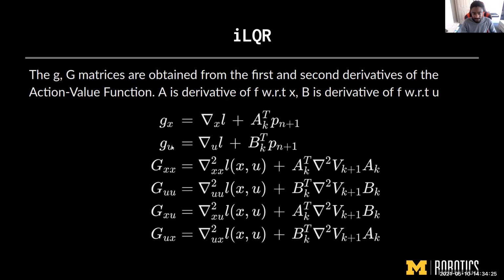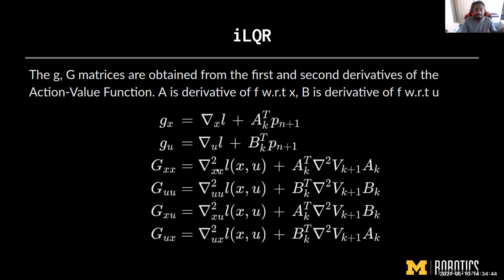And then small g sub u is the first derivative of the action value function with respect to u. And big G of xx is the second derivative. So it's basically taking the derivative with respect to x twice.